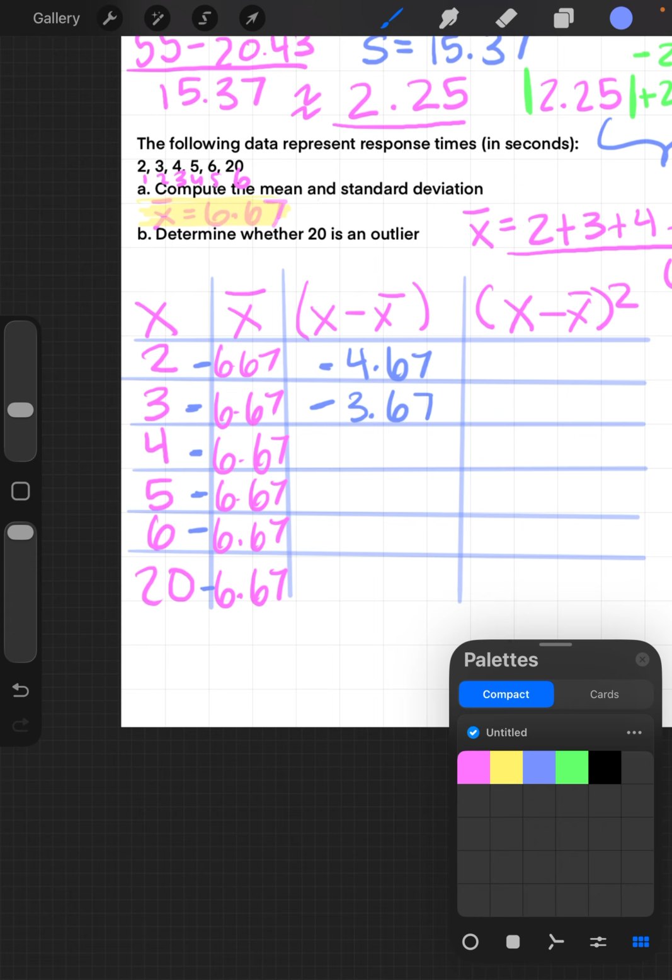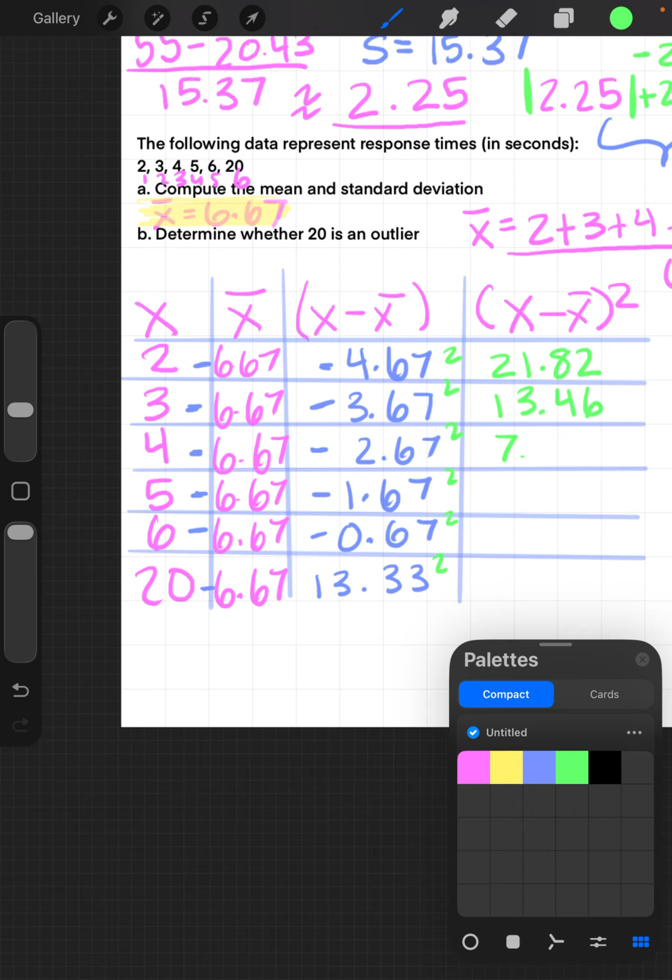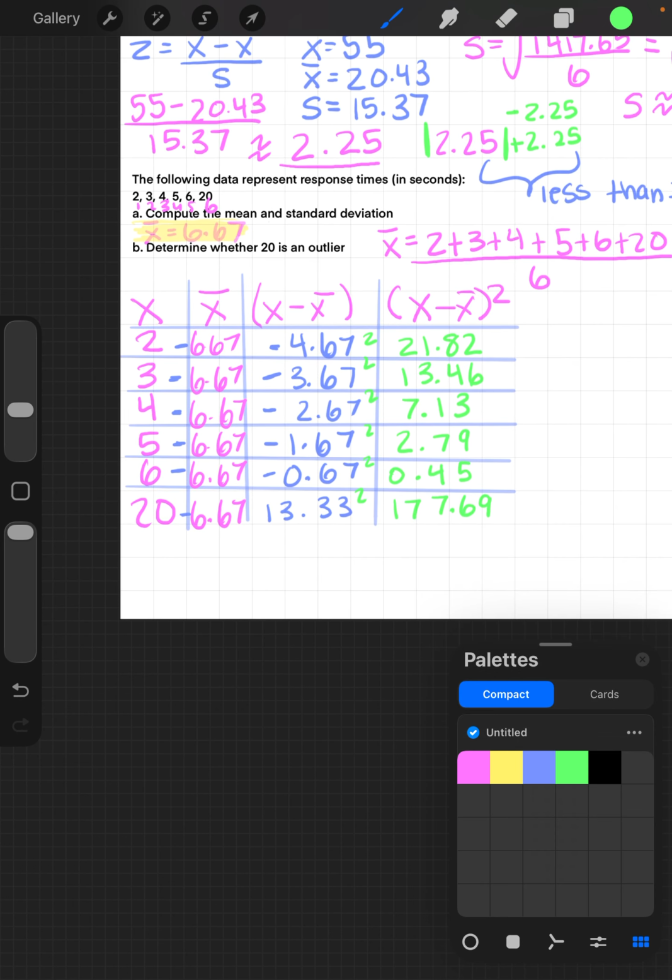Then now we're going to square them. And we're gonna add it all up now. It's 223.34.